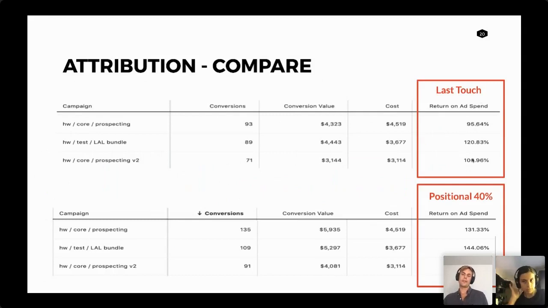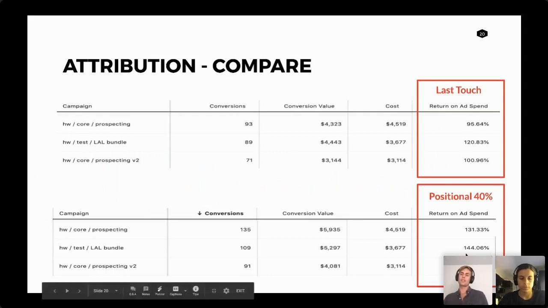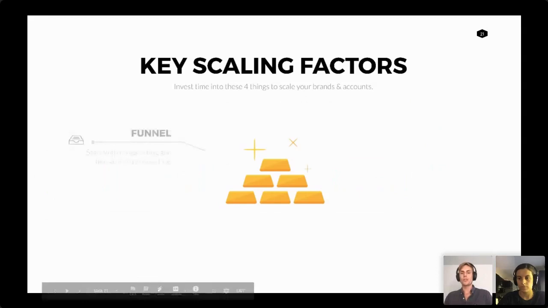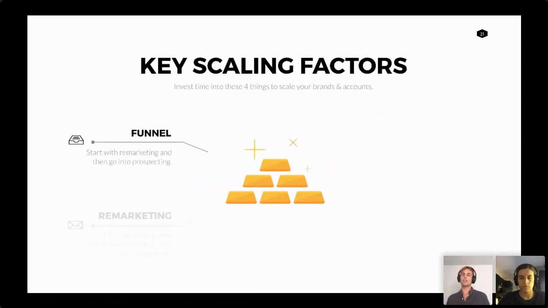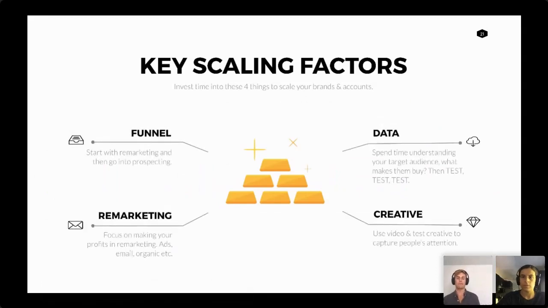We barely had a 0.9 ROAS, a 1.2 ROAS and a 1 ROAS, but then looking at the positional 40, which is 40% of the attribution given to the first click and 40% to the last click, we saw that this ROAS was actually a lot better. So keep that in mind when you're running Pinterest, because that is one of the main factors we come across when brands are running Pinterest ads. They say, oh, Pinterest isn't working, and it's usually just because the attribution isn't being looked at.